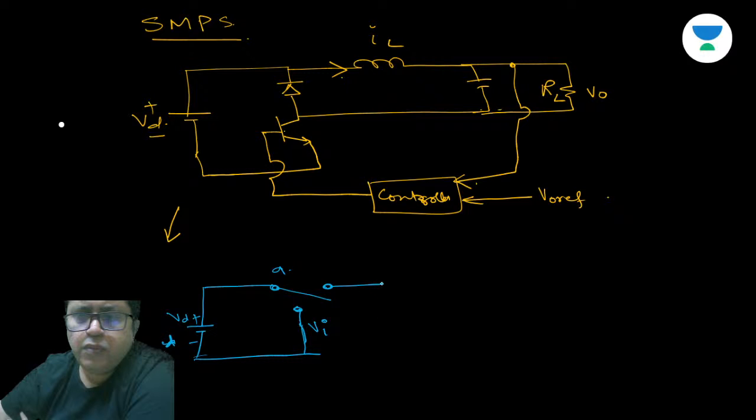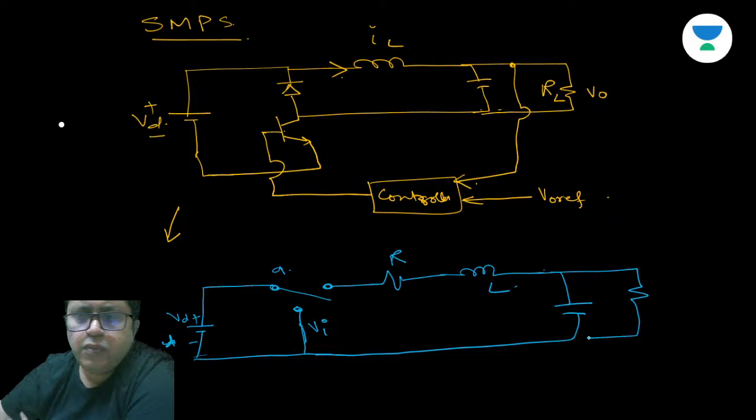This is resistor R, this is inductor L, capacitor, and then load resistor RL. This is current IL.